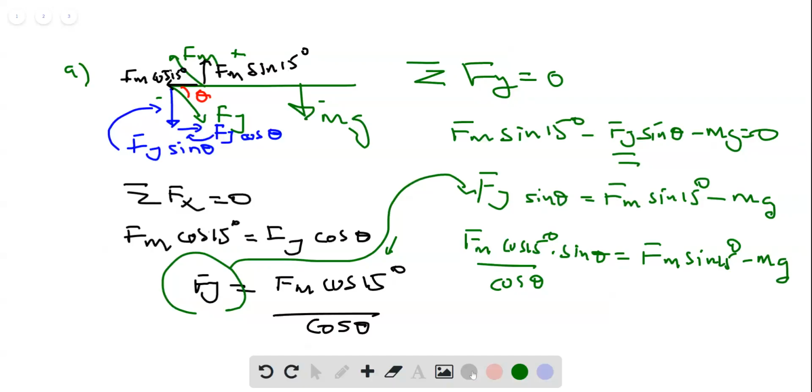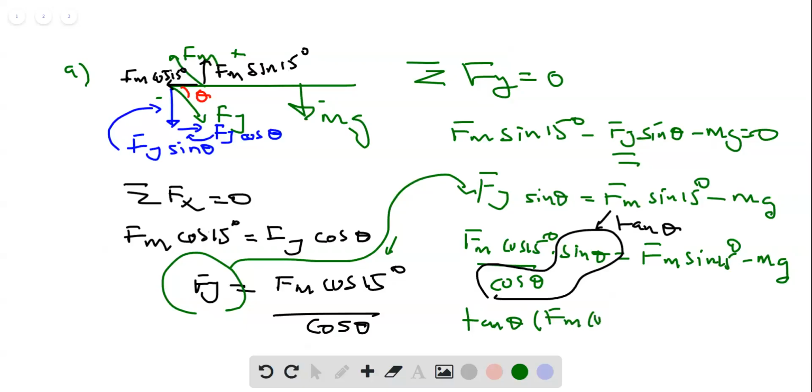But remember that cosine theta and sine theta together give the tangent of theta. It's going to be helpful. So then tan theta times Fm cosine of 15 degrees equals Fm sine 15 degrees minus mg.